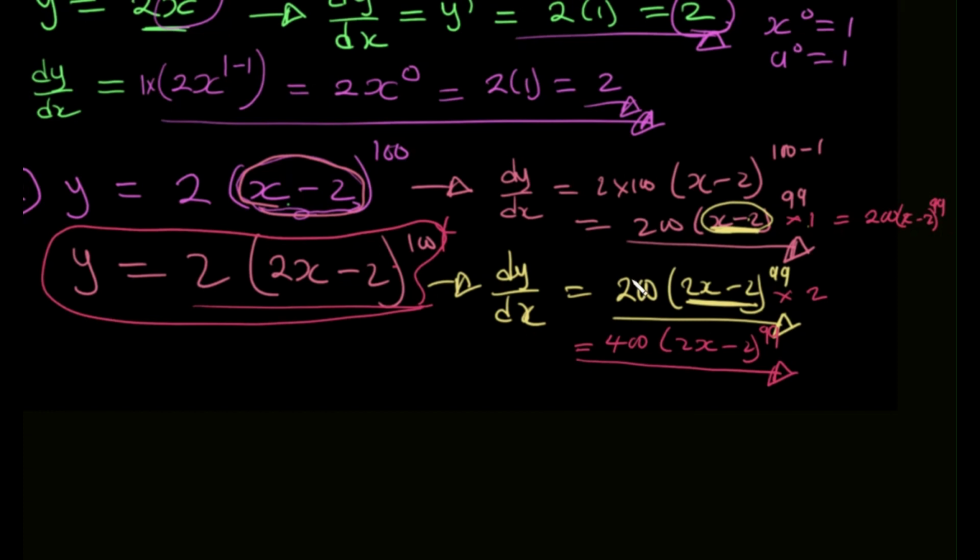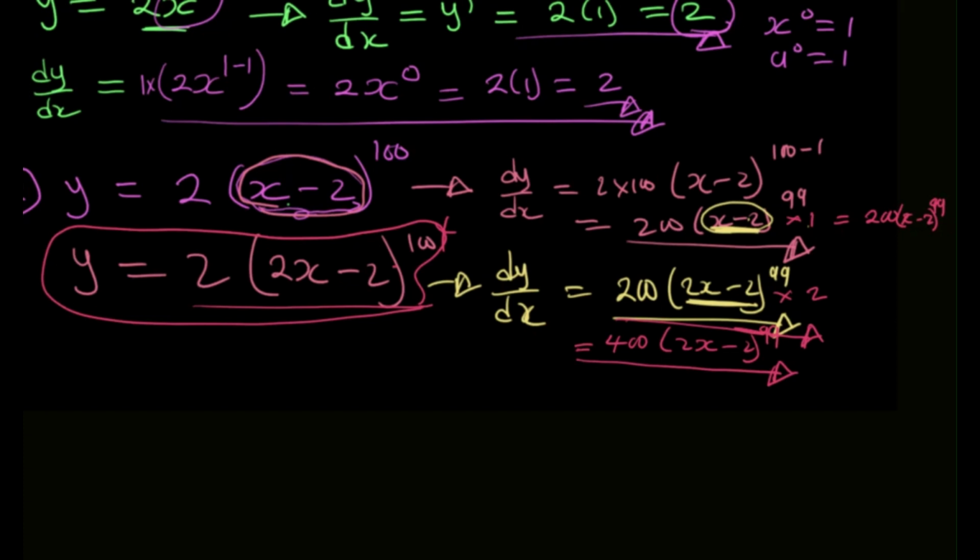To differentiate this, there's need for another tool in our differentiation toolbox, and the tool needed is the chain rule, which is what we are introducing you to in this video.